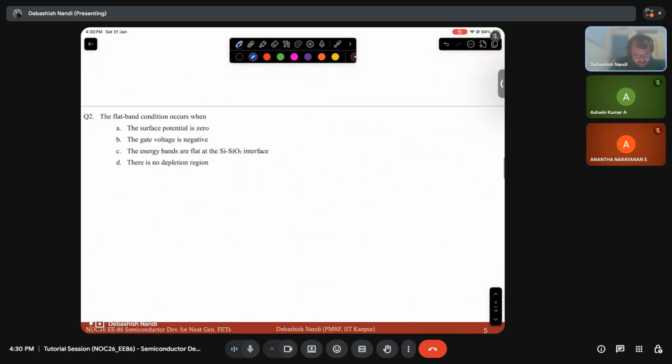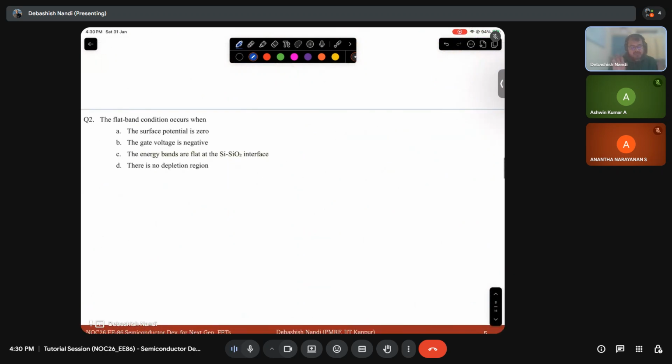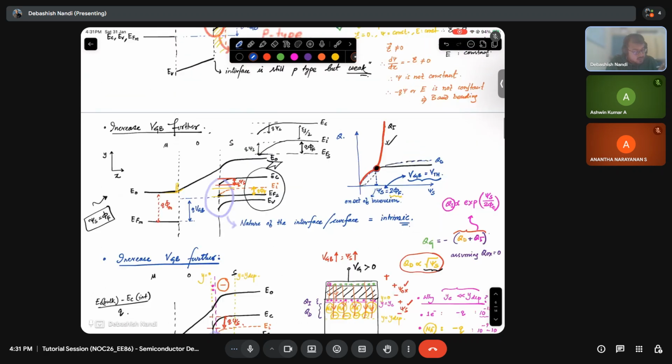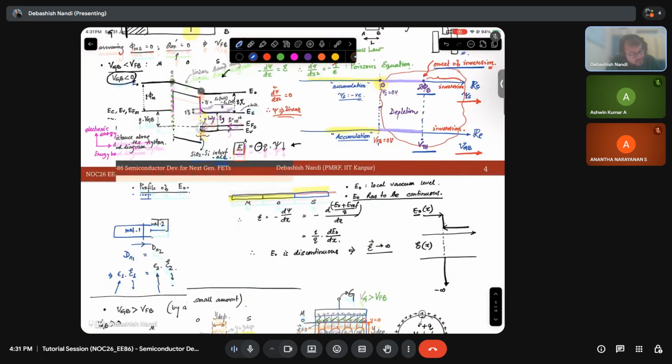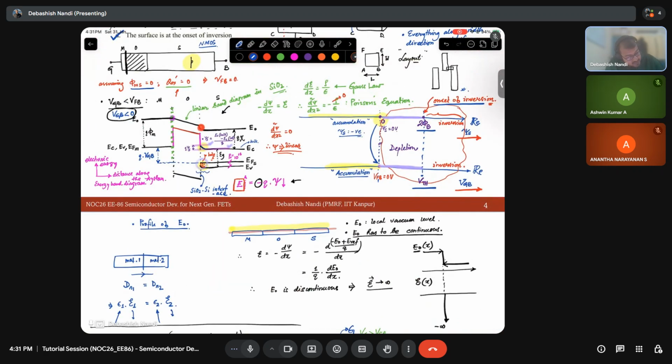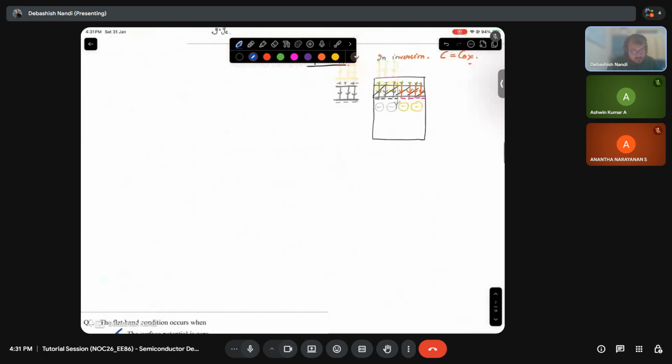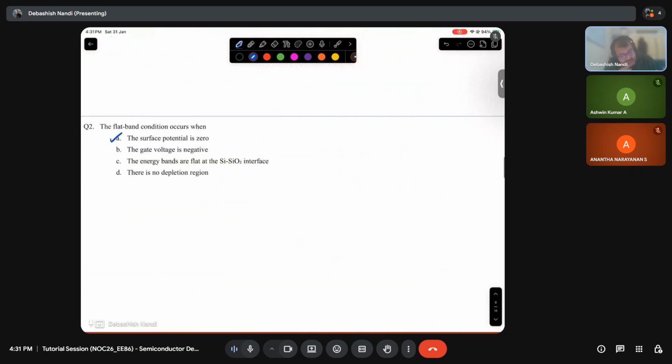Then let's go to the next question. Tell me, flat band condition occurs when surface potential is zero. Is that correct? It is correct, right? We have seen my surface potential is zero at flat band. Then, gate voltage is negative: not necessarily true always. It will depend on what your phi ms is, right?